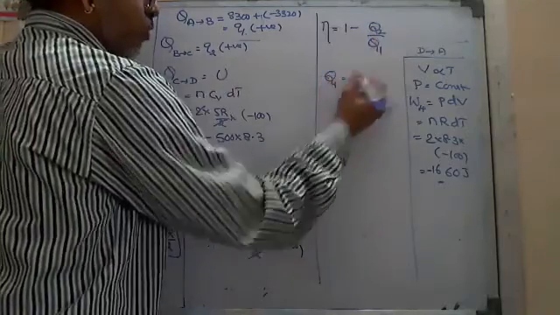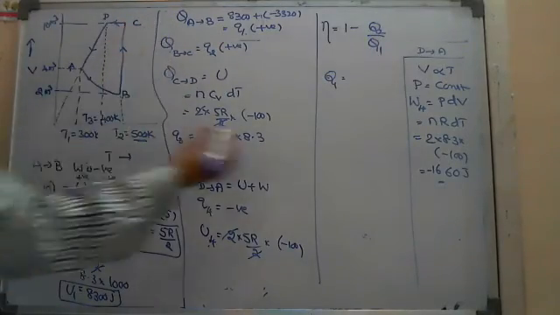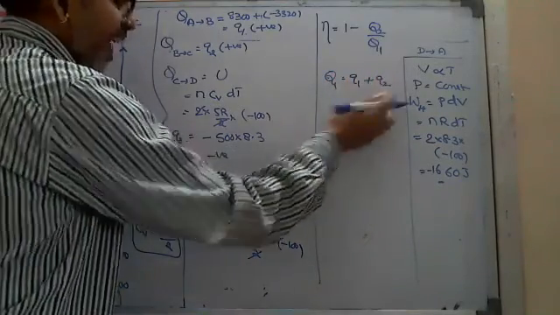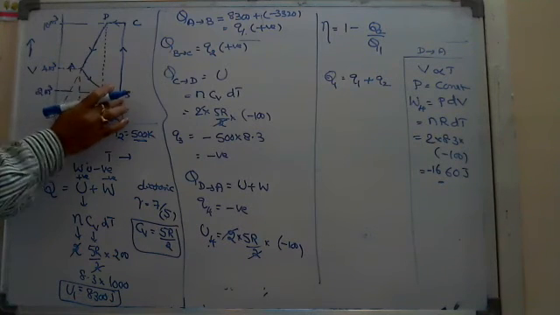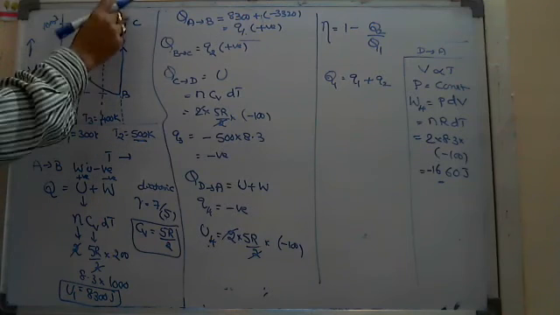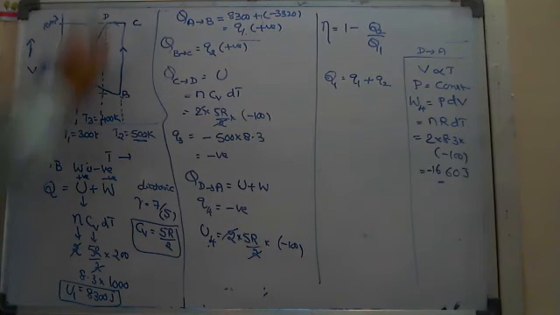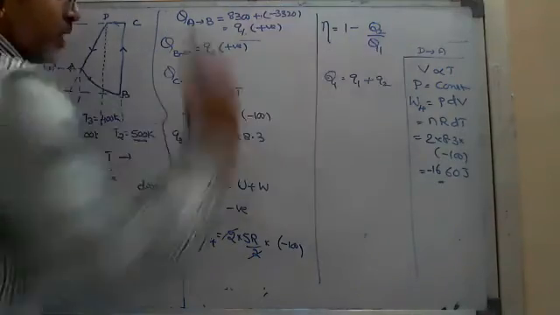Here Q1 is the positive heat I got in 2 processes, so I have to take Q1 as Q1 plus Q2, both as Q1. I think don't get confused. Not in the first process, in the whole process, how many positives? Suppose you got A to B, B to C, C to D, all positives. These 3 are positives. Then straight away you can say Q1 equals Q1 plus Q2 plus Q3.